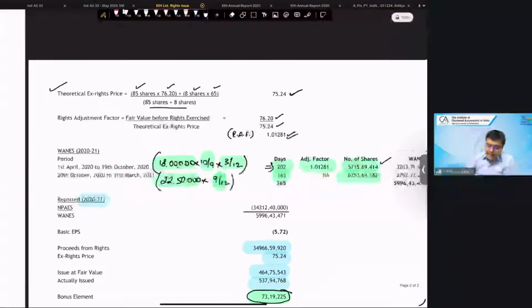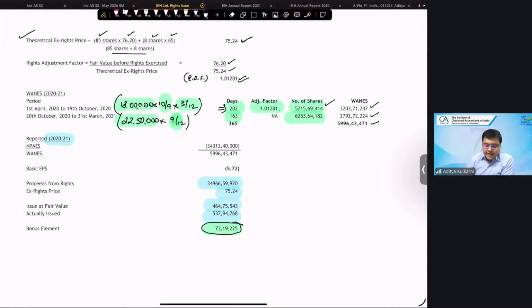So my theoretical ex-rights price: 85 shares into 76.2 plus 8 shares into 65. This is the rights shares issued at 65 each. They have given that in the director's report we have seen. Divided by 85 plus 8. So your theoretical ex-rights price comes to 75.24. Are you able to follow?